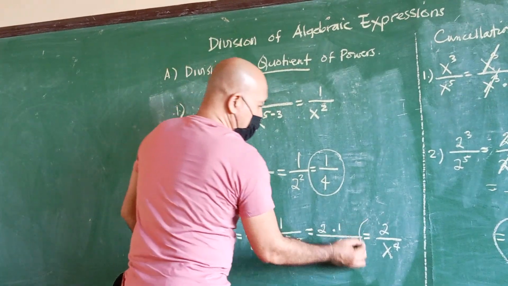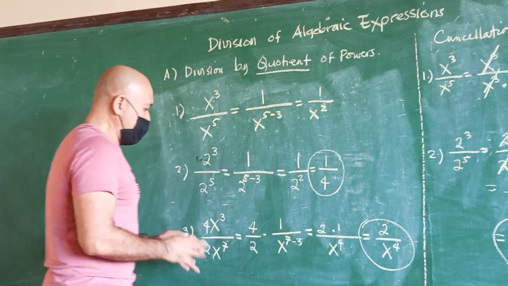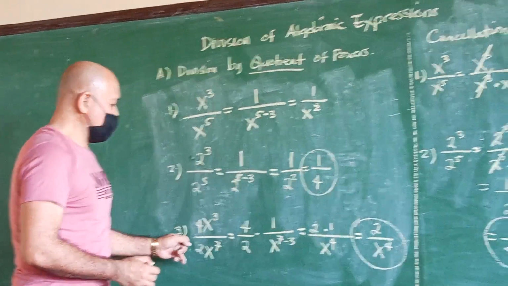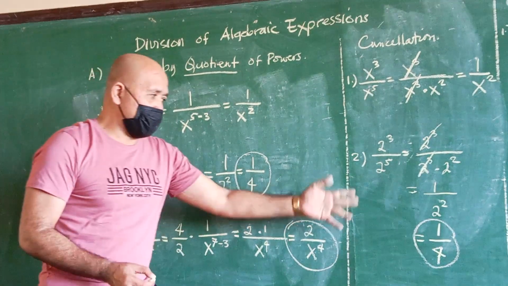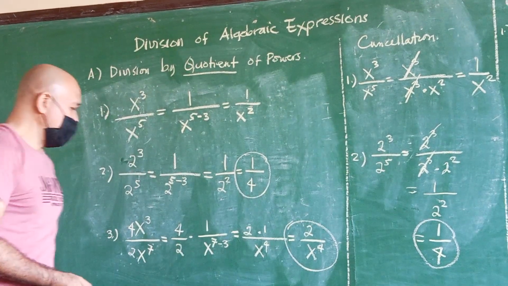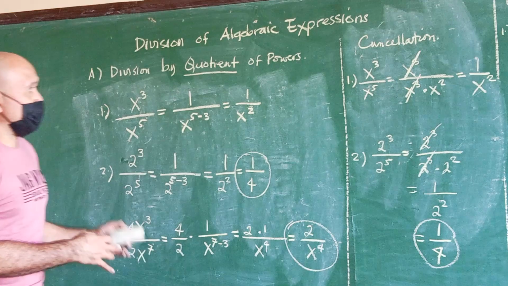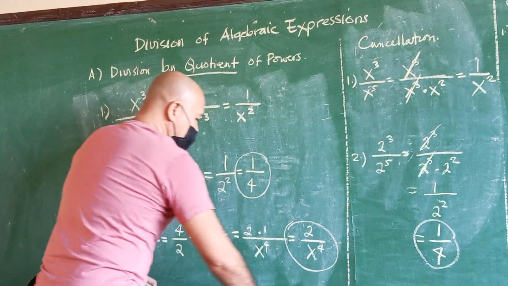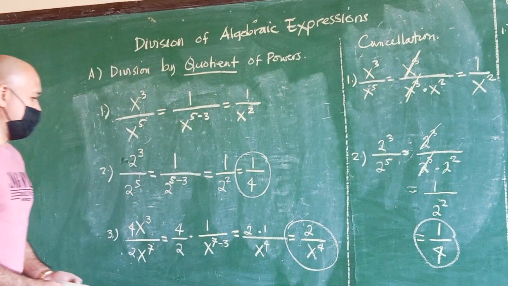So, if you want to answer this one by using this idea, if you want to find out what the quotient is here, using this idea, you can still do that. You are free to choose which method you want to use. It depends on what is convenient for you.